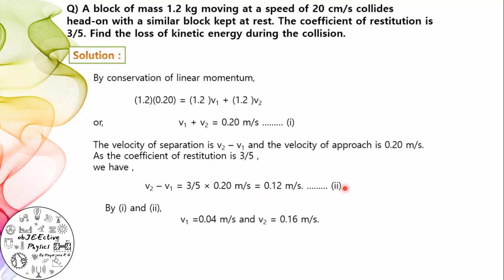Say it is assumed as equation 2. By equations 1 and 2, we will get V1 is equal to 0.04 meter per second and V2 is equal to 0.16 meter per second.